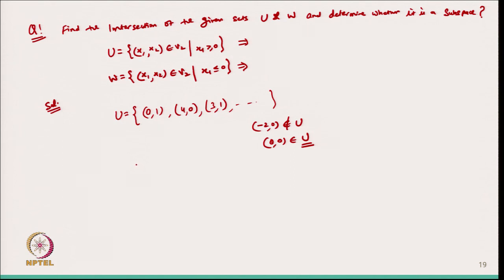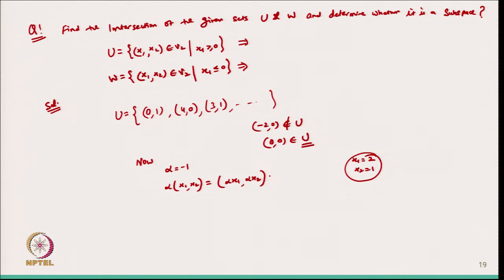So, in this case I take any scalar alpha, suppose I take -1, and I multiply by any element from U. So, alpha times one element I choose, maybe (x1, x2), equals (alpha x1, alpha x2), and suppose my x1 is 2 and x2 is 1. That belongs to U in this case.